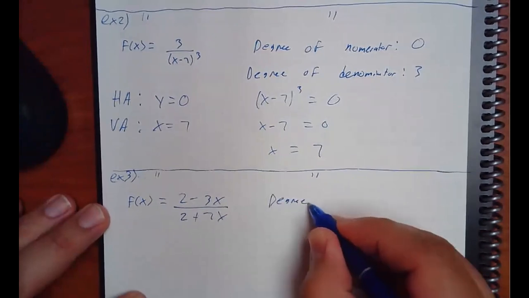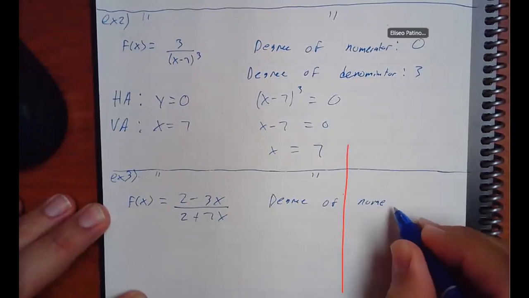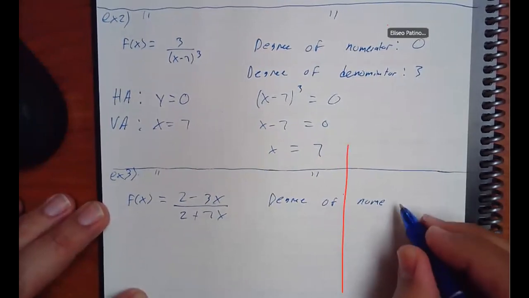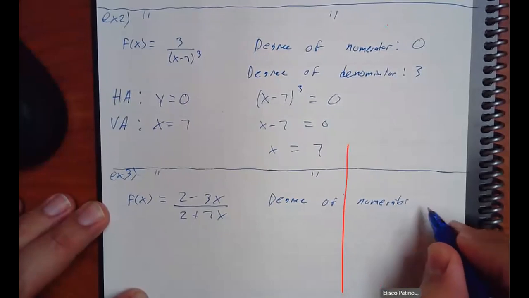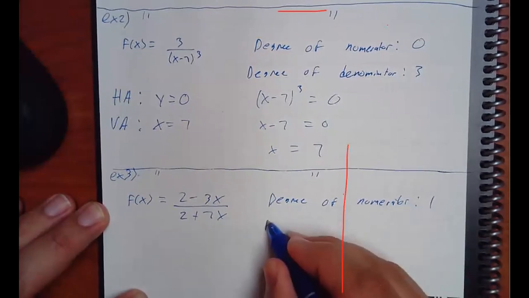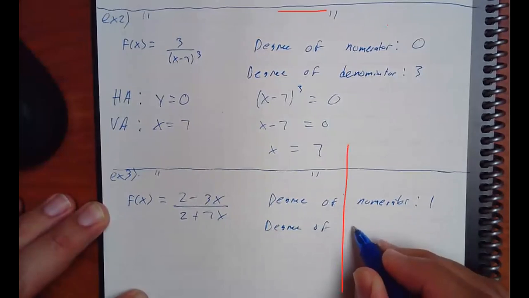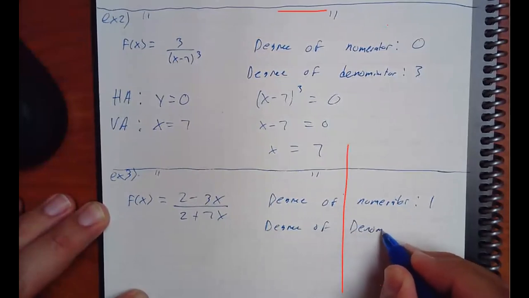What's the degree of the top? 1. Yeah, it's going to be 1. Degree of the bottom? 1 as well. So when they're equal, what do we do?